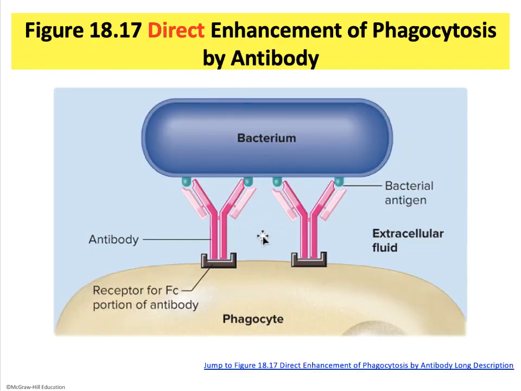In this case, the antibody binds to an antigen, in this example the cell wall of a bacterium. The binding activates the Fc portion, the constant portion of the fragment of the antibody, and that then binds to receptors on the surface of phagocytes. The phagocytes will then eat and destroy the bacterium.